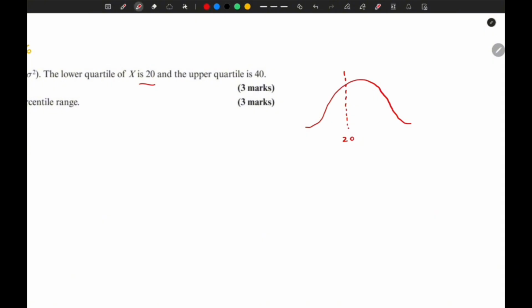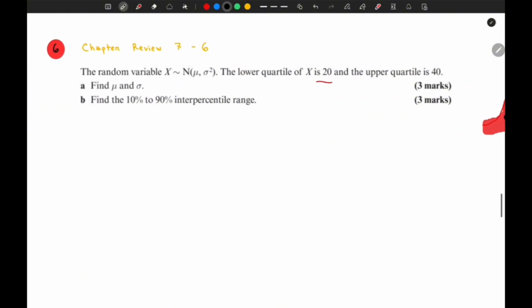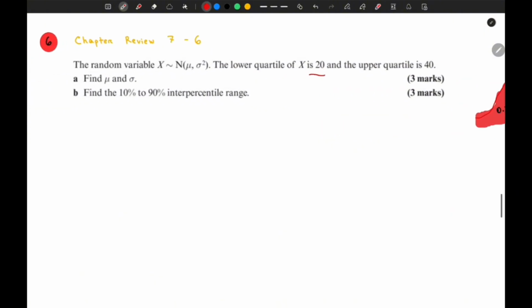So the percentage of this, or the probability, which is the area under the graph, will be 0.25, which is 25%. So we can create an equation: the probability for x to be less than 20 is equals to 0.25.